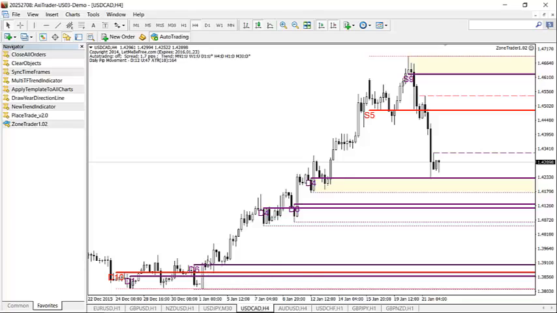It's left the zone here, it's come back and tried to test it, taken off again, come back, tested this new zone, taken off, created a new zone, and then come back and tested it, taken off, come back and tested it, taken off. See, it's come all the way back down here again and retested the zone all the way down here and literally rejected it straight away.